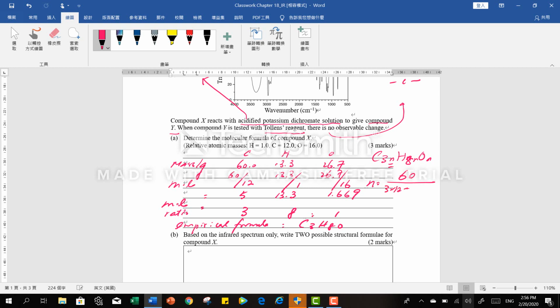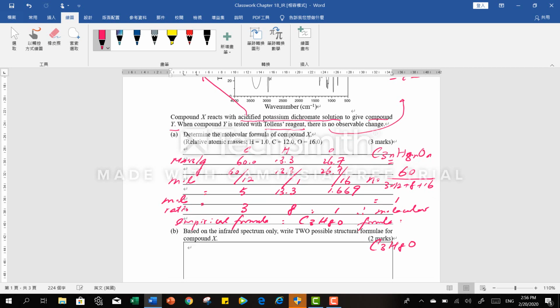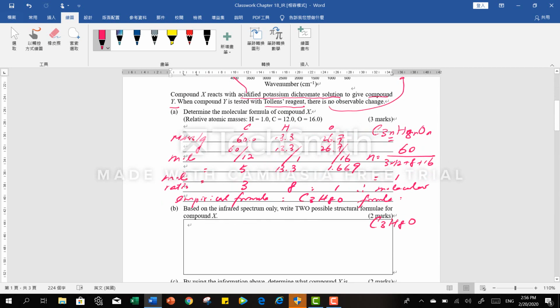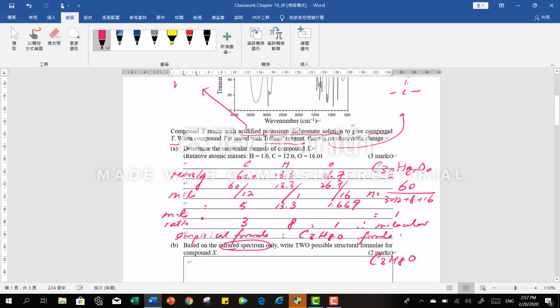So it will be 1. Therefore, the molecular formula will be C3H8O.